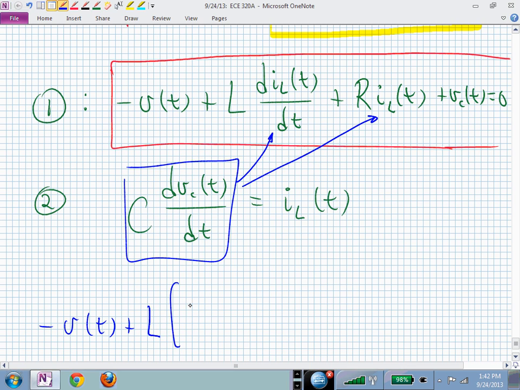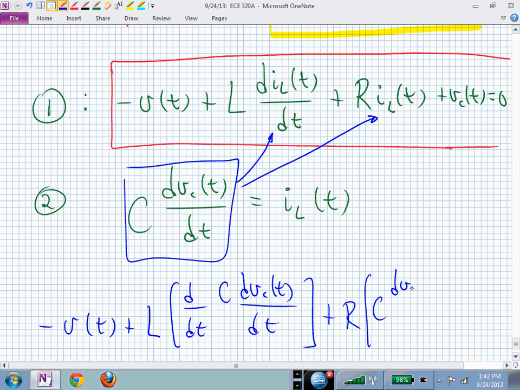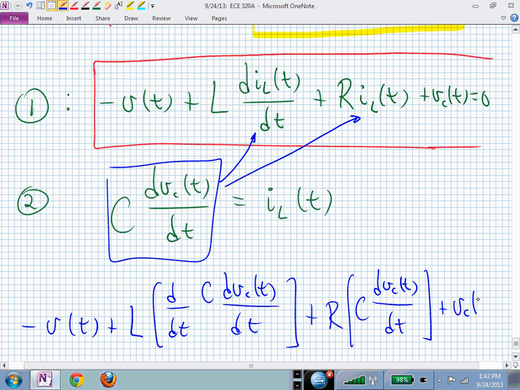So now I have the derivative of C dV sub C of t dt, plus R times C dV sub C dt, plus V sub C of t is equal to 0.